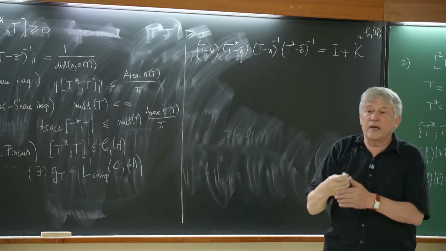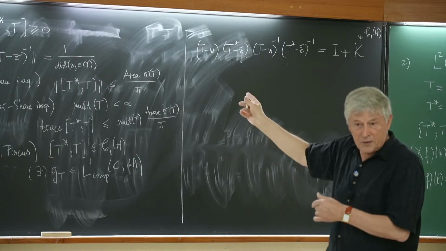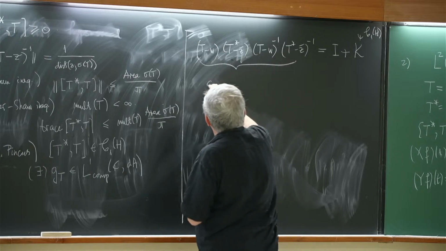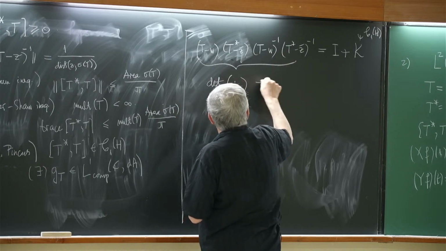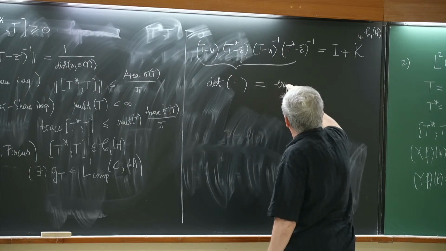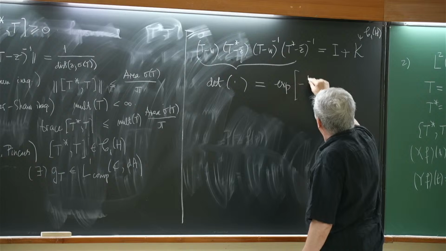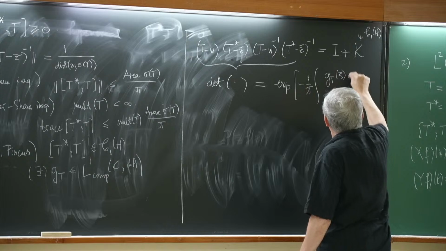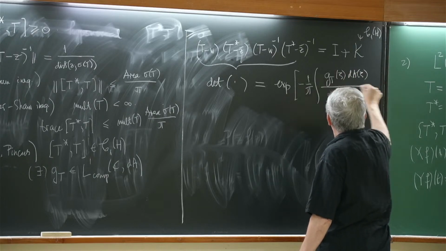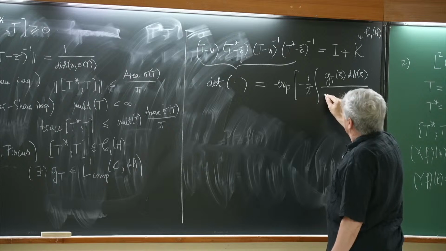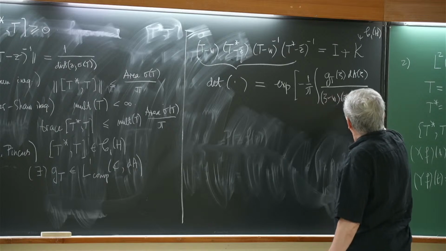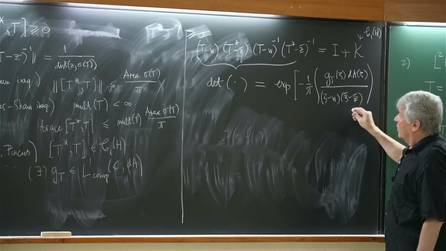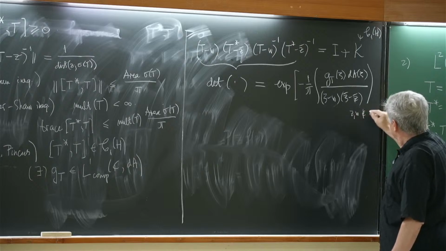Now, the determinant can be extended into infinite dimensions for this class, and the determinant of this is the exponential of minus 1 over pi, integral of g of t dA over (zeta minus w)(zeta bar minus z bar), for z, w outside the spectrum.